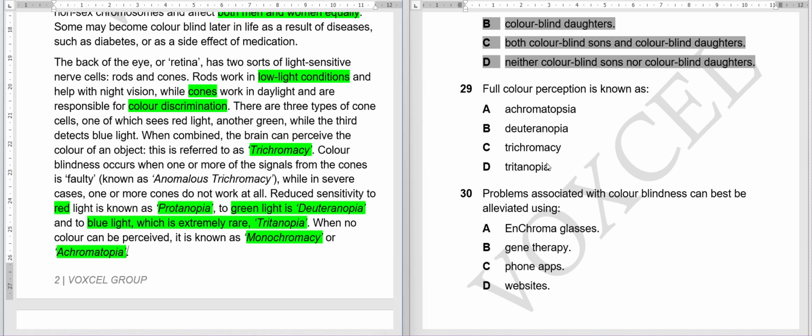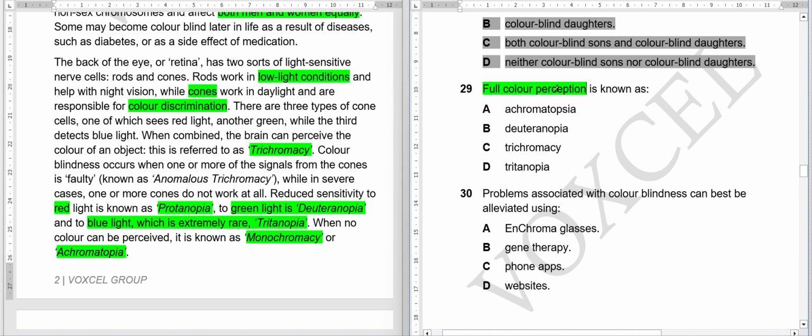So let's read the 29th question. Color perception is known as, so to identify colors, so let's change the color. So identify color, it is known as, so yeah, we have something like this. And let me mark the location first. So the location is this.